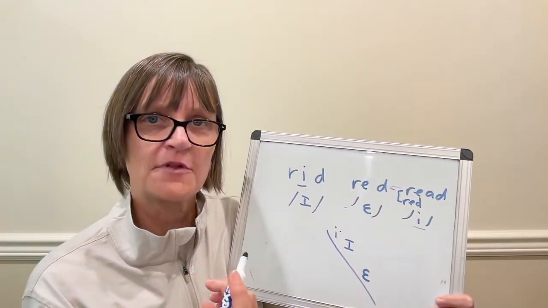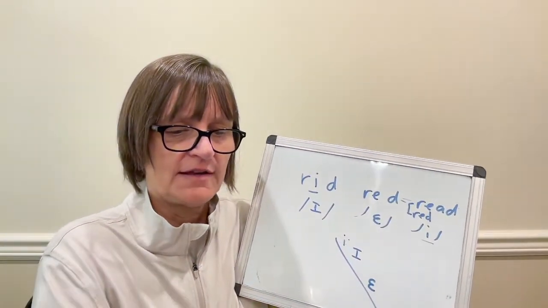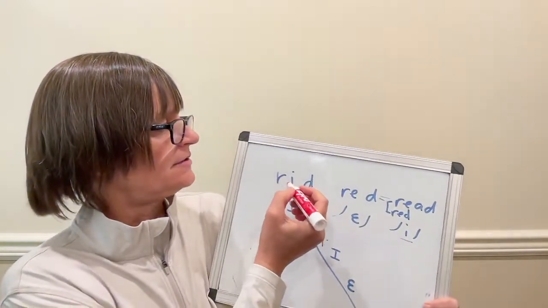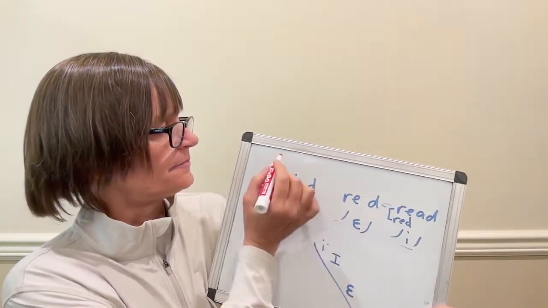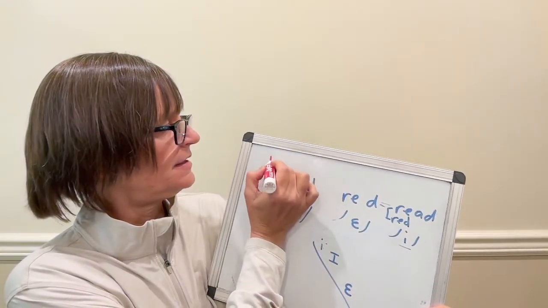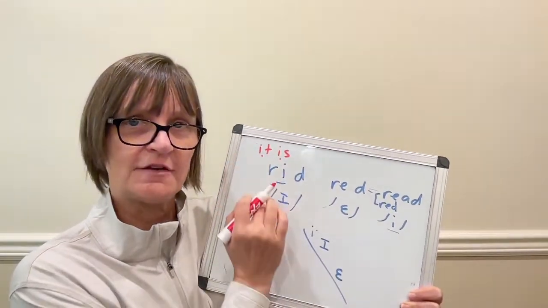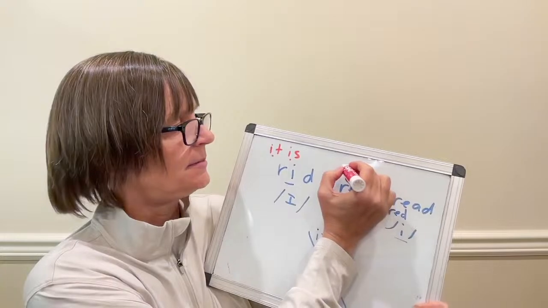I also like matching with other words. So I think if you're finding it difficult to hear the difference, you might try saying something like, it is rid, matching those I vowels in those words.